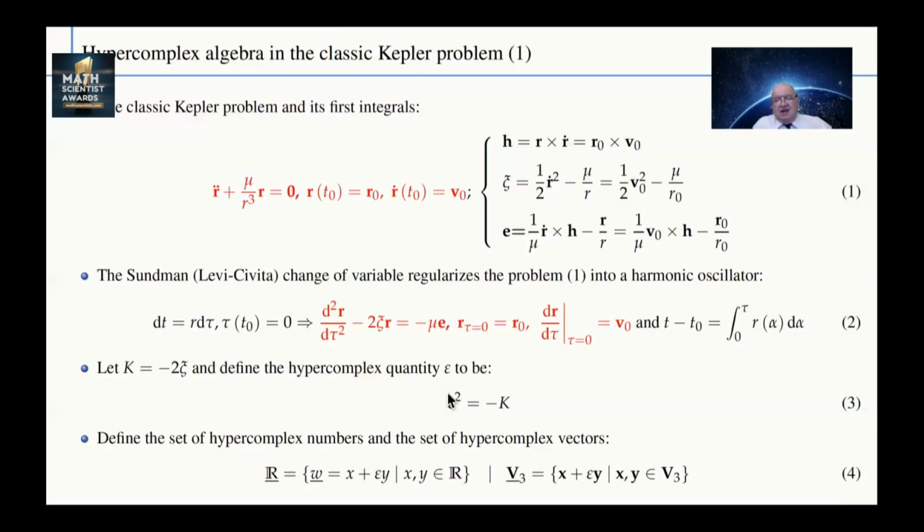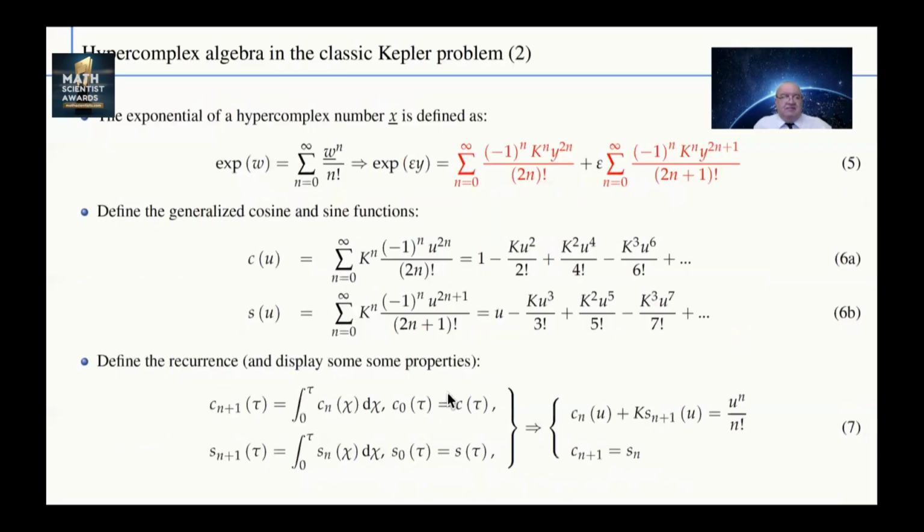This algebra unifies the three cases of motion in the Keplerian case. We define the exponential of hypercomplex number, and obtain the cosine and sine function in the space of constant curvature.